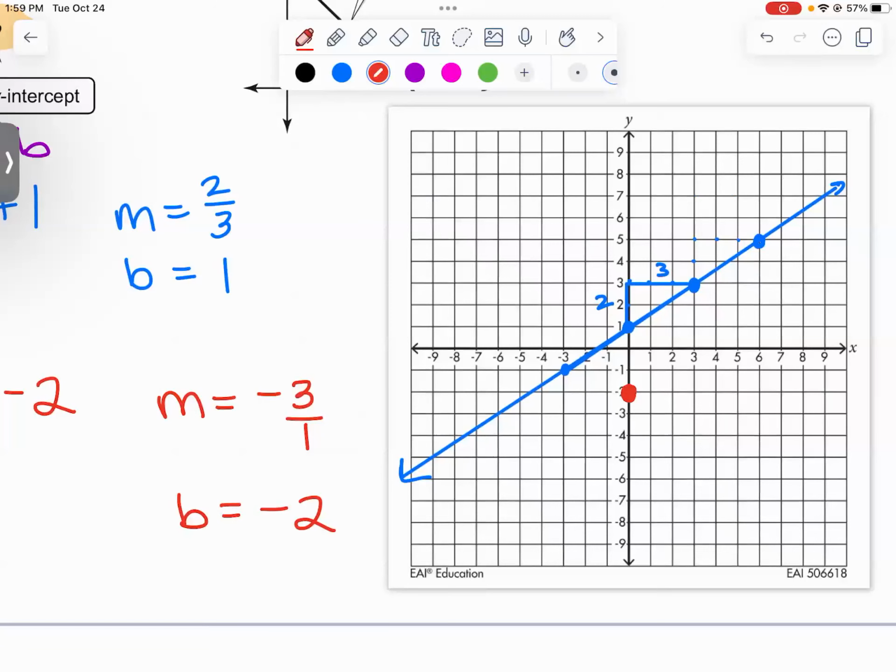So our rise over run is 3/1, but it needs to fall. So we can either go down 3 and to the right 1, or we can go up 3 and to the left 1. Either way, our rise over run is 3/1, but in the negative direction.